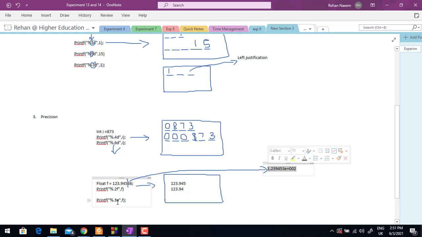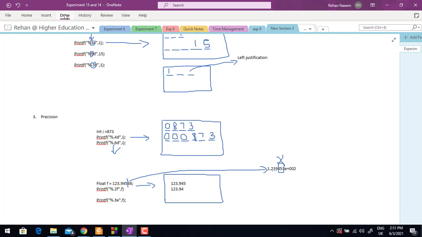I'm yet to complete my statement. With this e, I have written point 3. Point 3 tells the computer to only consider 3 digits after the decimal point. So the 3 digits are 2, 3 and 9. The rest of the digits will be discarded.